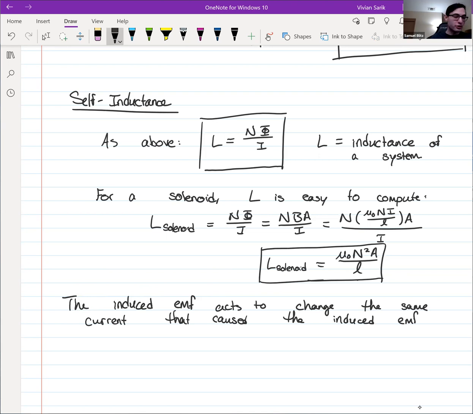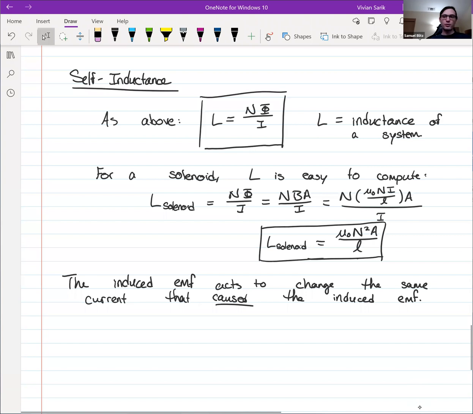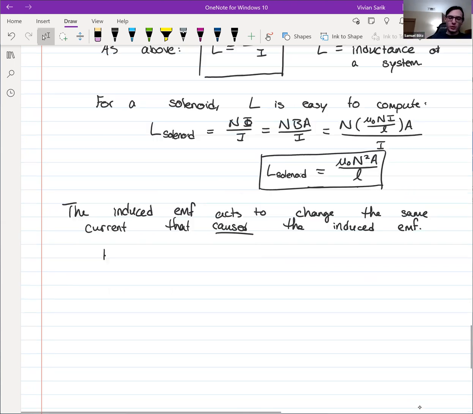That seems strange, but we can use Faraday's law. There is a flux through this solenoid, so we can use Faraday's law to figure out what the induced EMF is, because Faraday's law is just a true equation.